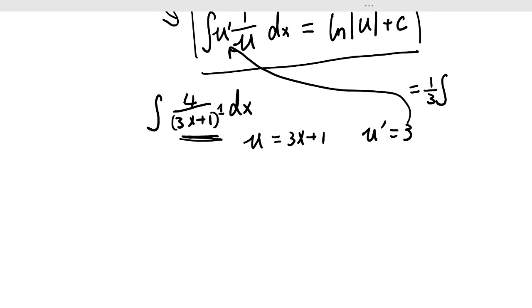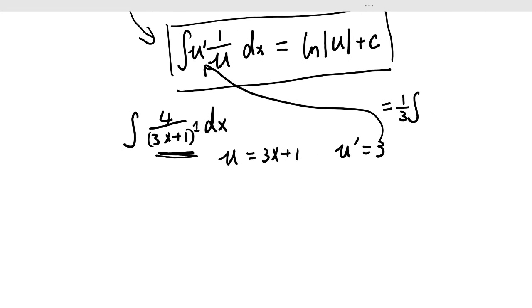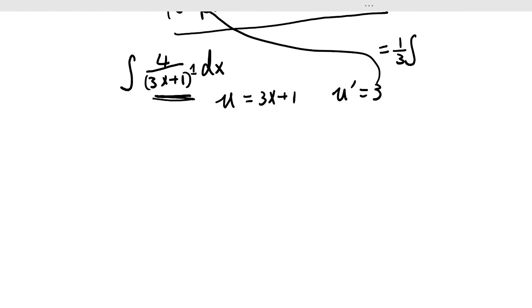I'm going to move down right here. So we're going to do 1/3. I'm going to move out the 4, so that's going to be 1/3 times 4, which is 4 over 3, because that's how we make 1/3 times 3 is 1.